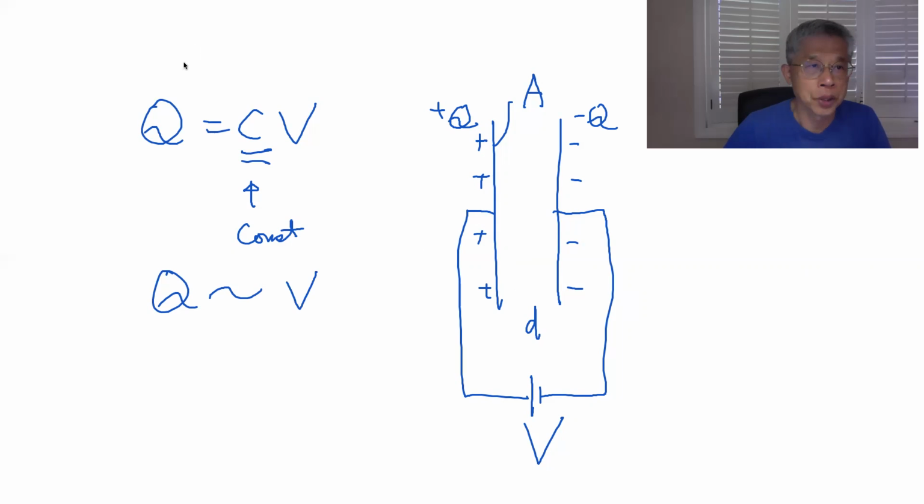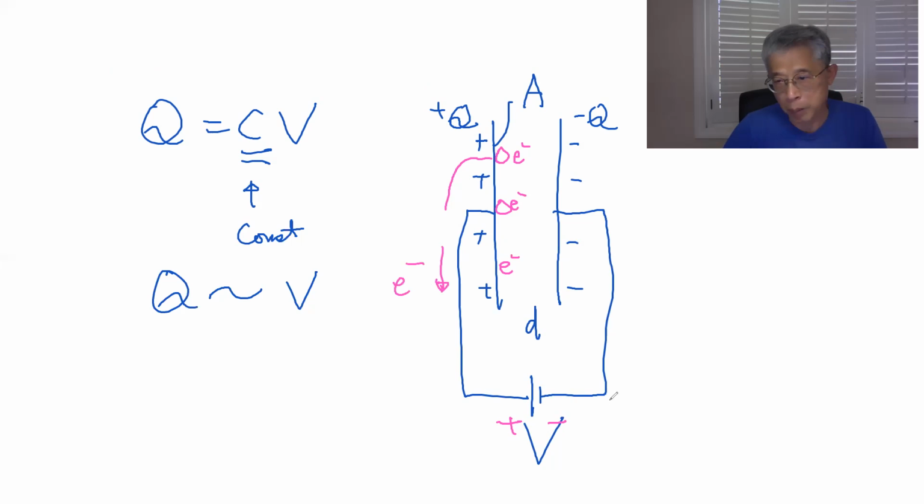So let's continue. When you have a V here, this charge is not from the battery. It's actually the electrons here on the metal parallel plates. So you have electron here, electron here, electron here. So this electron is moving, it's being attracted by this positive sign. And so the electron is moving this way and then comes over and then gets expelled by this and then comes to deposit on here.